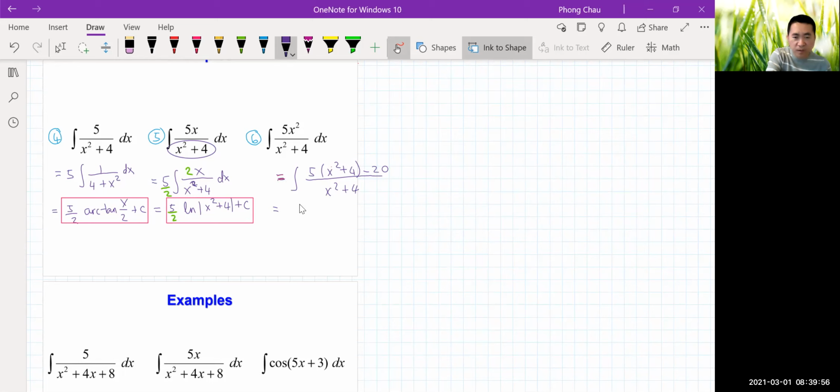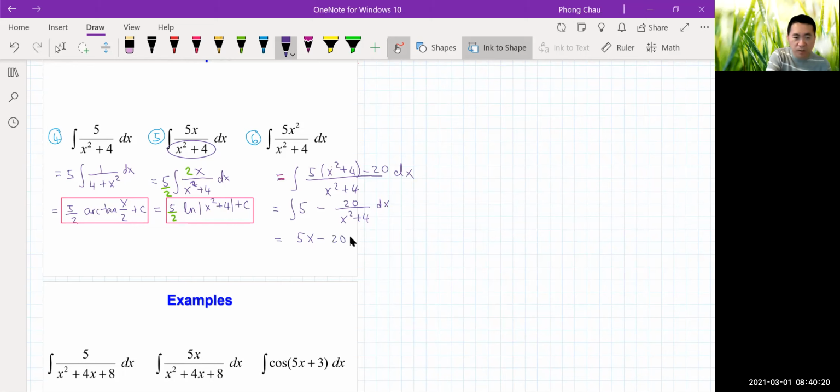Now if you simplify, this becomes just 5, and then minus the second fraction, which is 20 over x squared plus 4. Okay. And this way I can integrate this. Well, that one is 5x. That one is 20, so you see that one is similar to this one. It's just an arctangent.